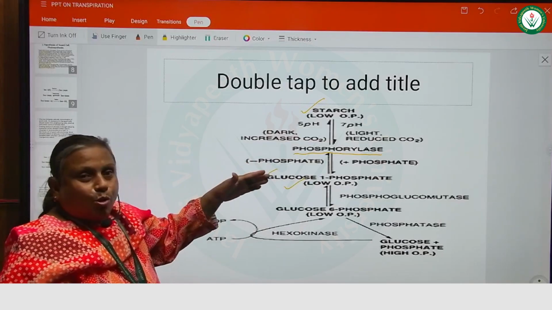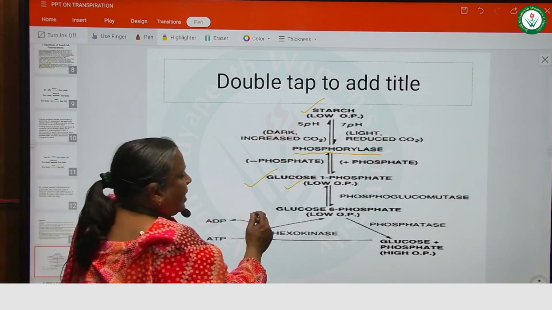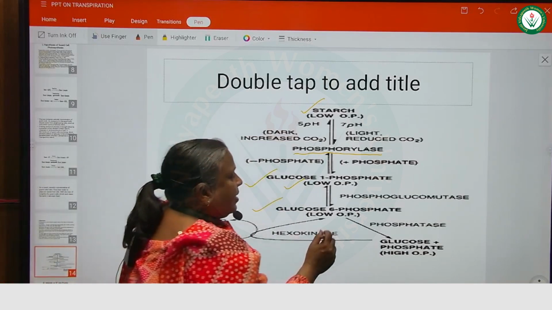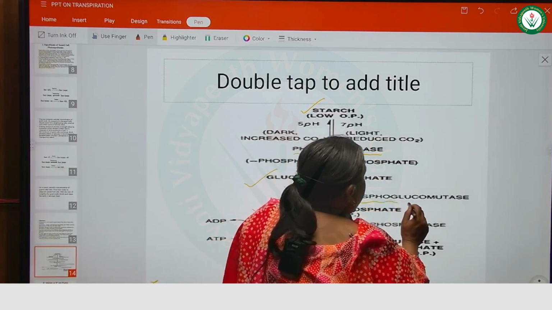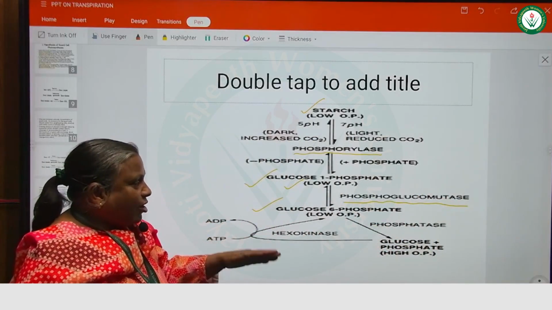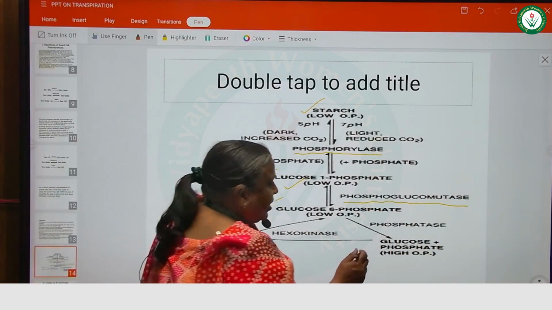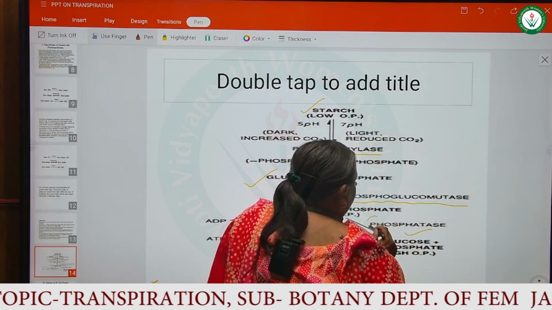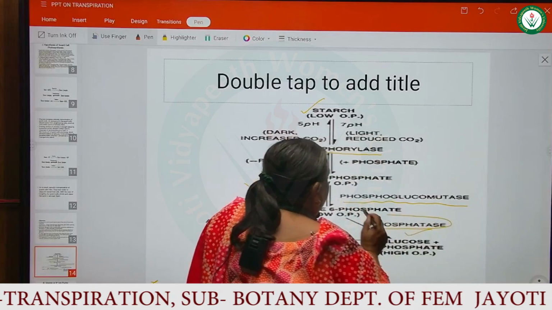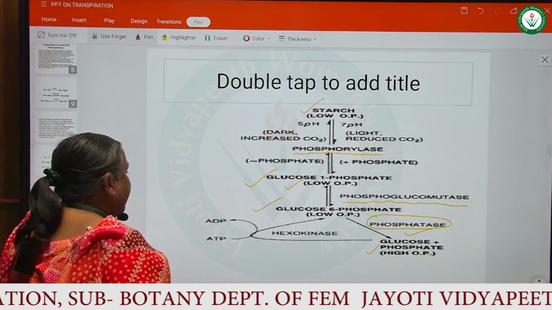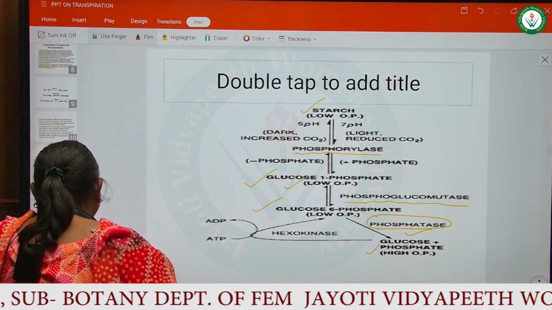Now this glucose 1 phosphate is converted into glucose 6 phosphate under the influence of the enzyme phosphoglucomutase. Now this glucose 6 phosphate is converted into glucose plus phosphate under the influence of the enzyme phosphatase, with the release of ADP, and ATP is converted into ADP.